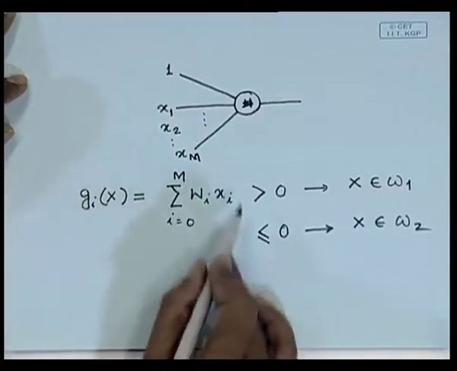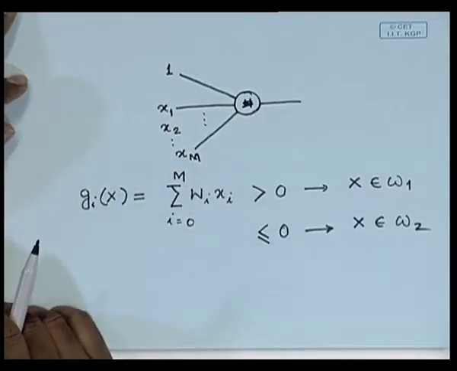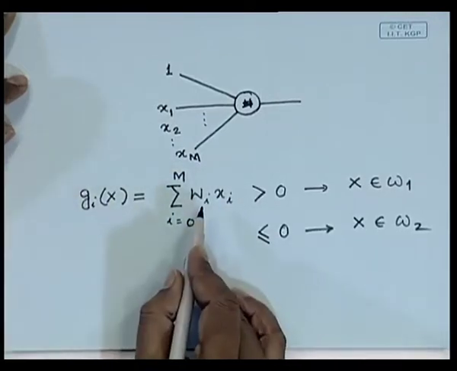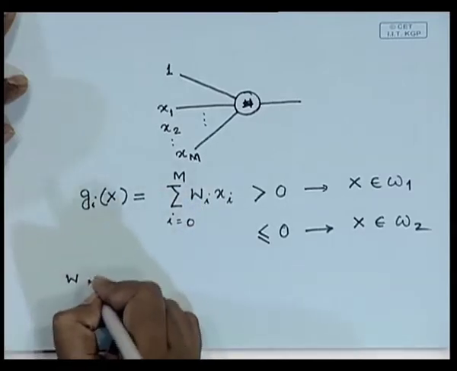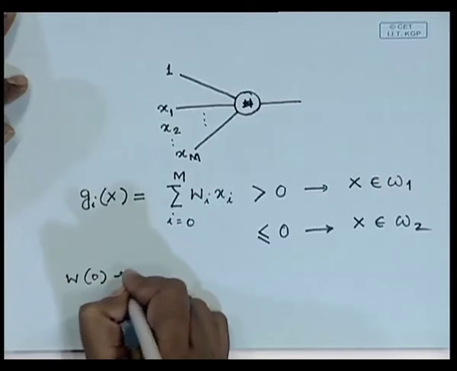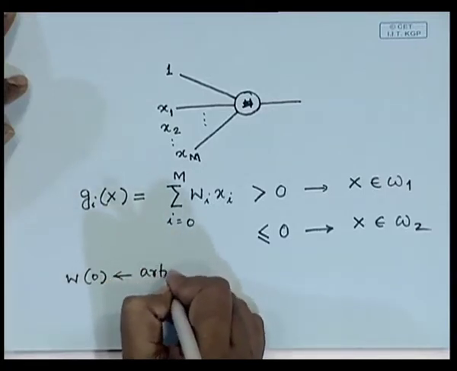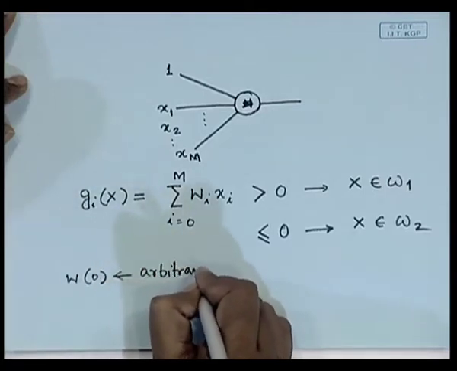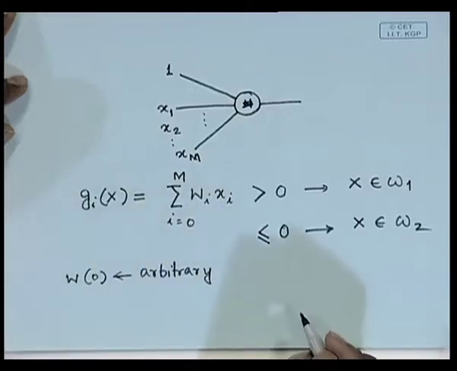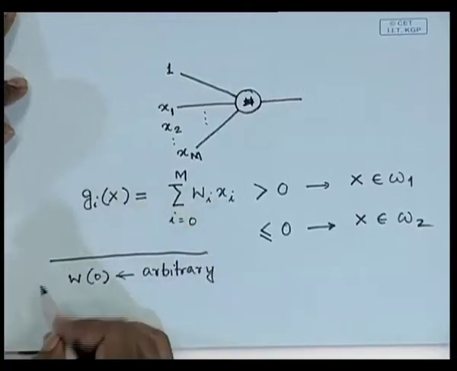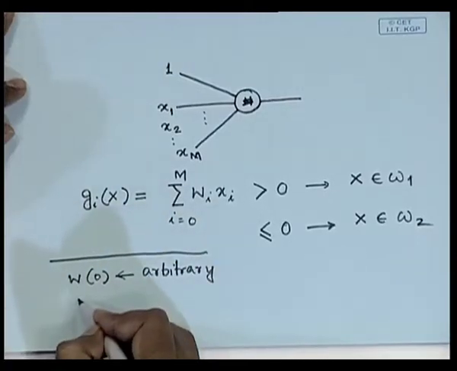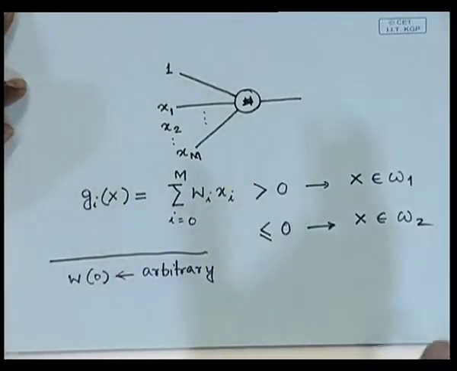Now, in case of perceptron criteria, we have said that the weight updation rule was that initially we decide w 0, the initial weight, to be chosen arbitrarily.